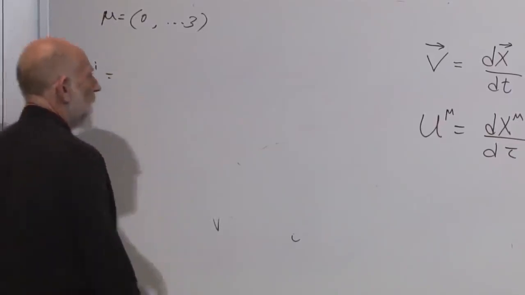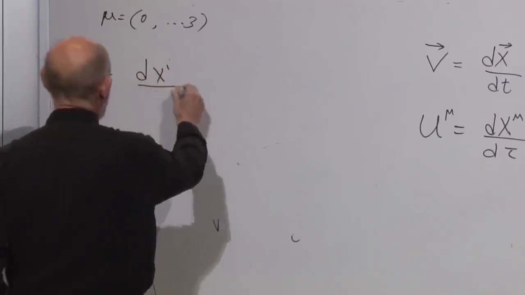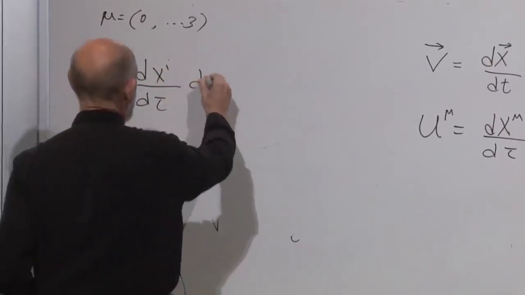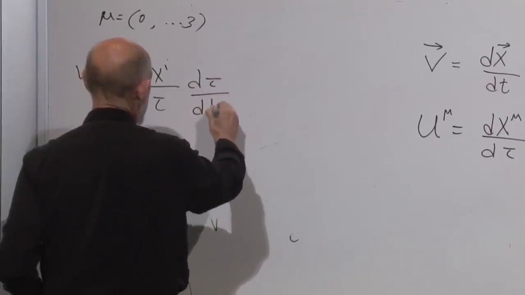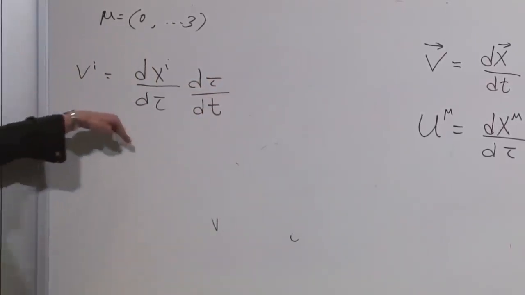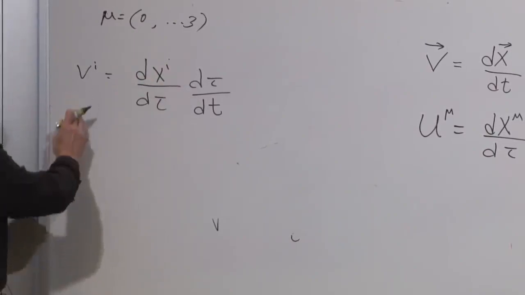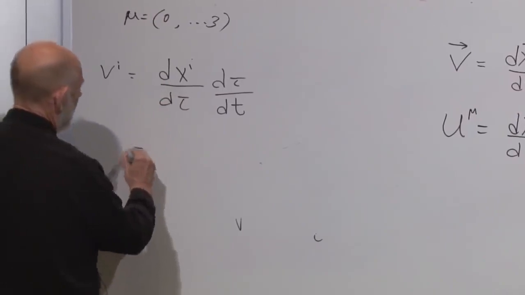That's equal to dx_i by dt, but let's write it as dx_i by d tau divided by dt. That's a triviality. I've just divided and multiplied by d tau. But it's useful. Yes, this is correct.